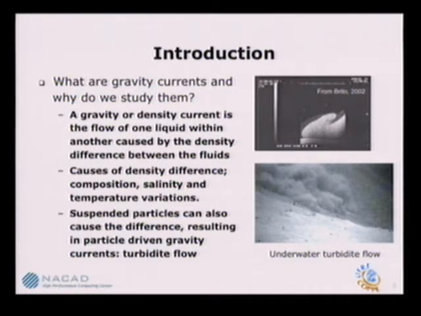There may be several causes of this density difference: different composition, salinity, and temperature variations, and it can also carry suspended particles, resulting in a particle-driven gravity current, which causes important phenomena in geology, the turbidite flows.